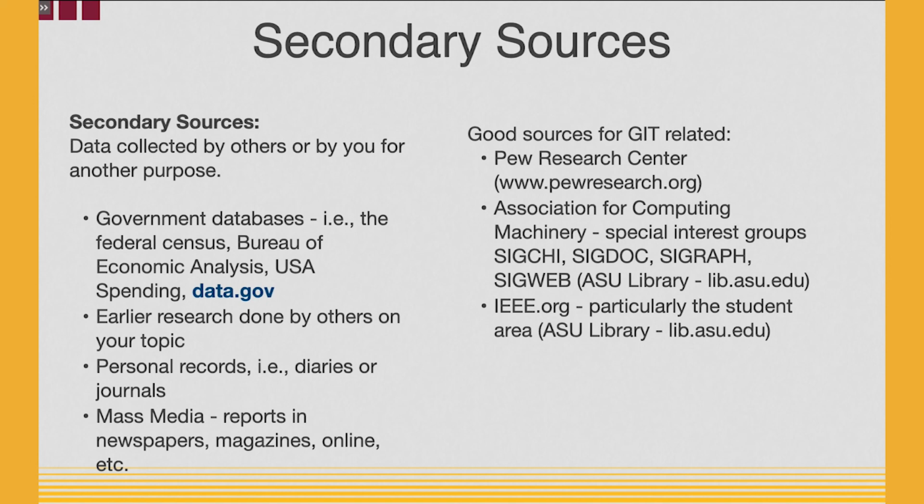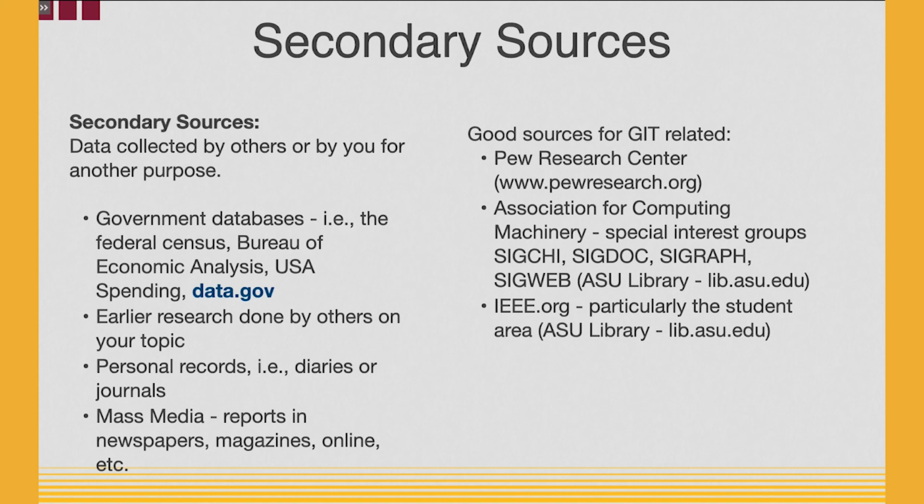So here are some examples. I'm not going to spend a lot of time reading all the way through these, but government databases, like, there are thousands and thousands of different governmental databases, like the federal census. Data.gov is a great site for getting a lot of different types of data that you might use.